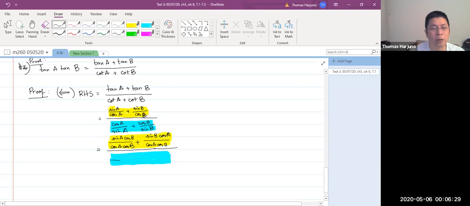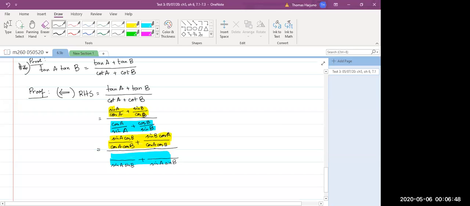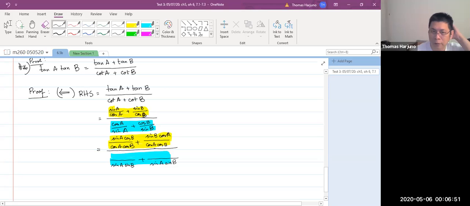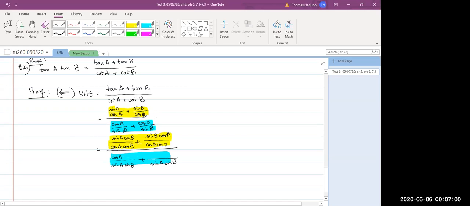The LCD for the denominator is sine A sine B. On the blue part, what's the numerator of the first term? Cosine A sine B, and cosine B sine A.